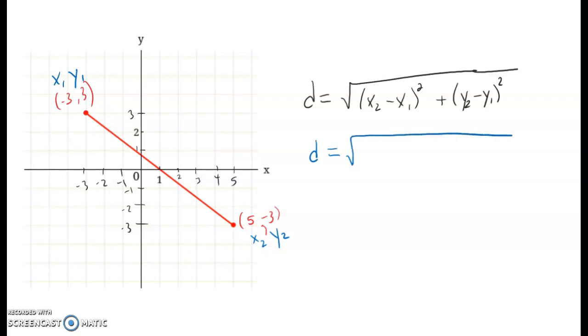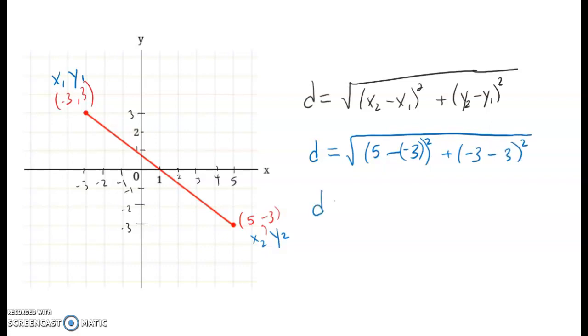So x2 I labeled as 5 and x1 was -3, and I like to put parentheses around here to show that it's minus -3. And then I've got y2, which is -3, minus y1, which is 3, and that's squared.